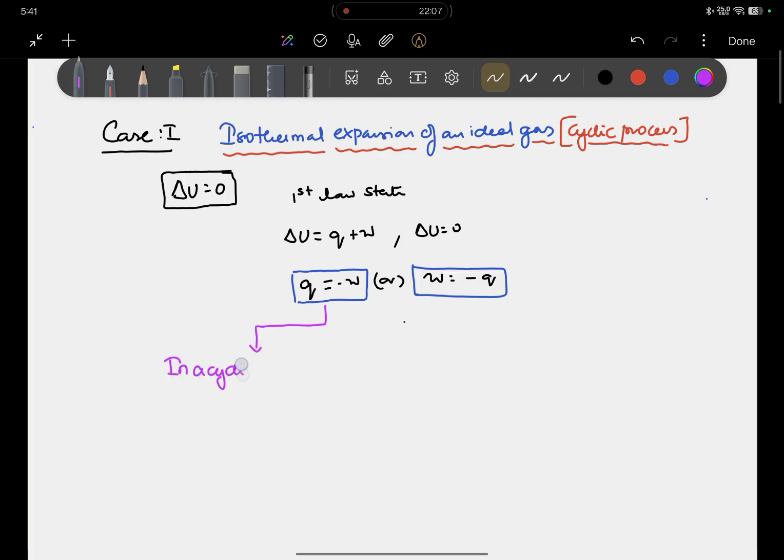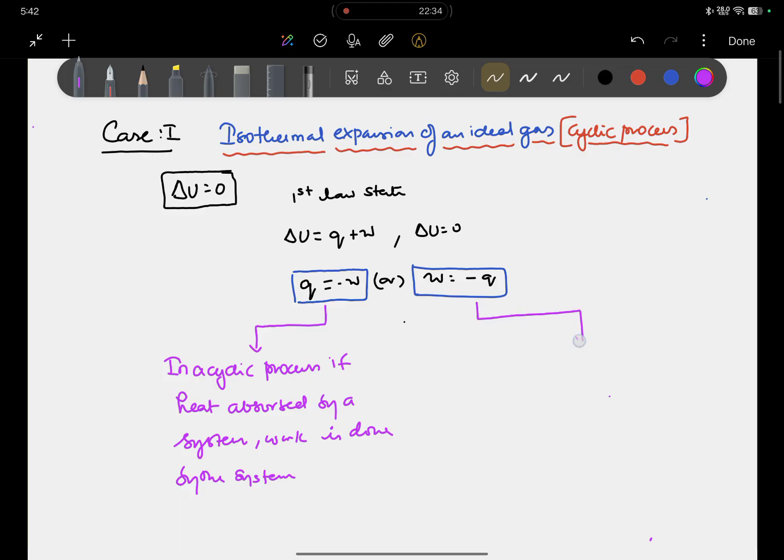In a cyclic process, if heat is absorbed by a system, work is done by the system. No, sir.